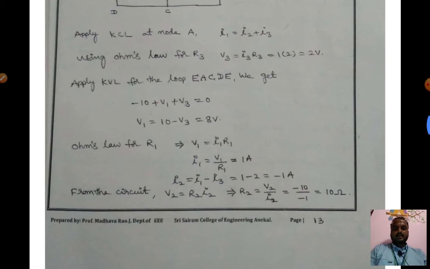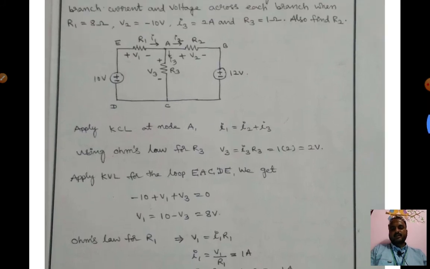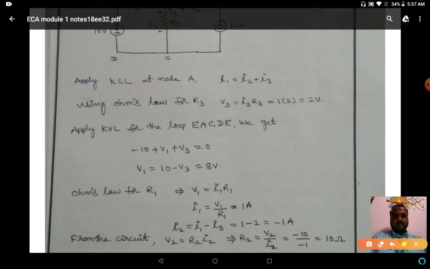This is the formula. So 1 minus 2 is equal to minus 1 ampere, right? So I2 is minus 1 ampere.